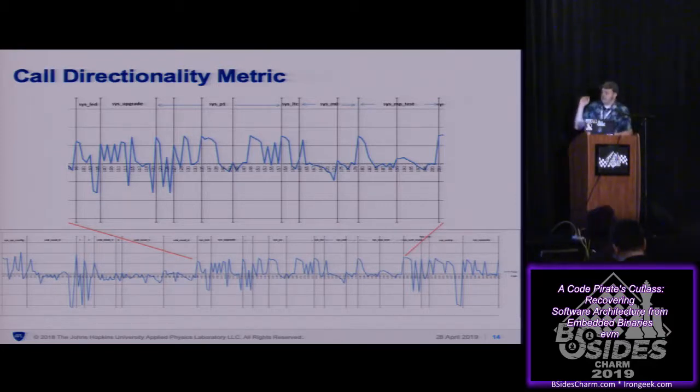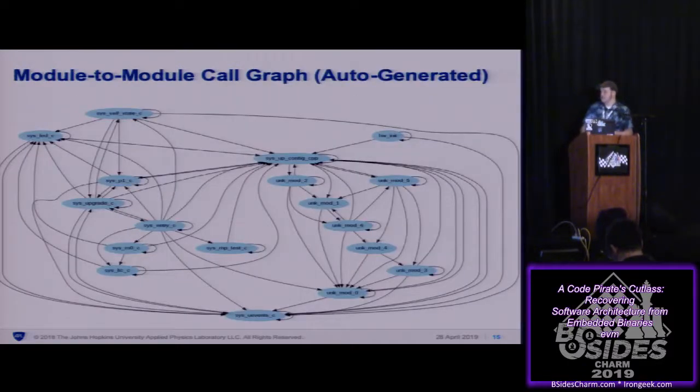Instead, if I can find those object file graphs, I can simplify it and graph whenever one of these objects calls another object, I make that an edge. So I sort of bring it up a level. So that's this guy.